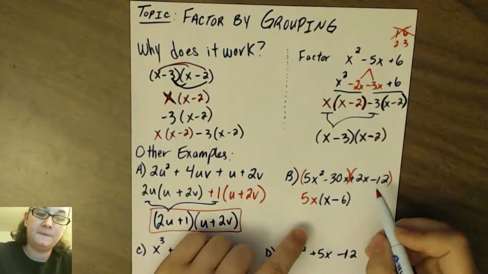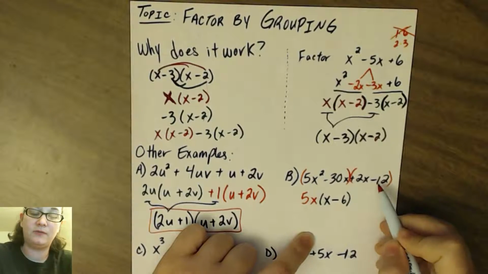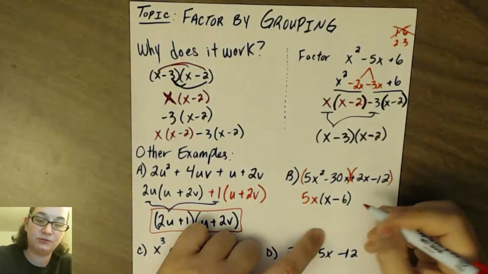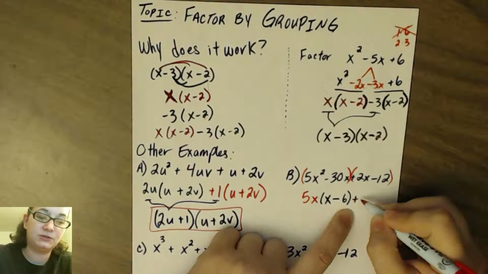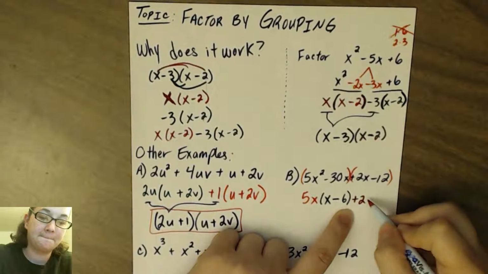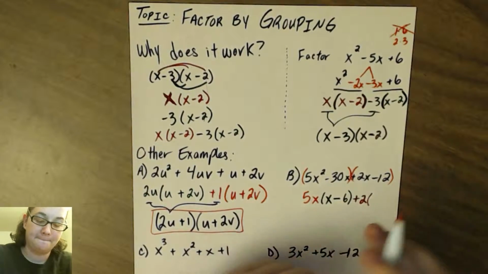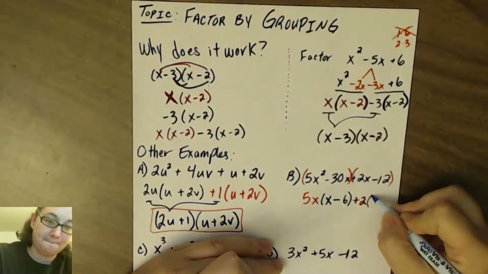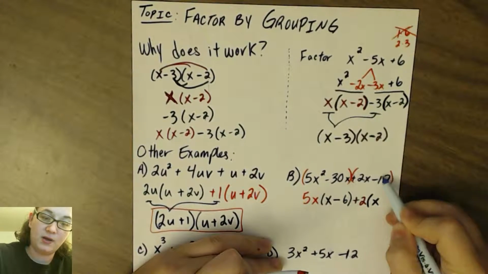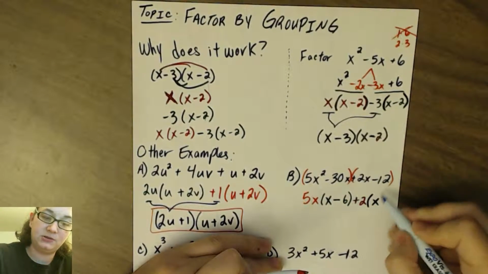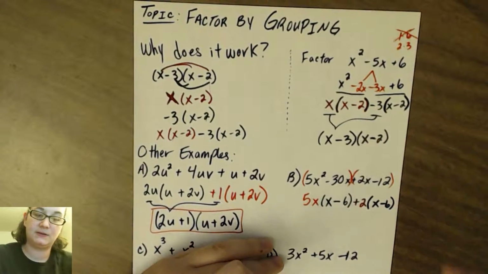And then over here, I have a 2x and a 12, and what they both have in common is a 2. So this was a plus, so I'm pulling out that plus 2. And then when I divide this minus 12 by 2, I get minus 6.